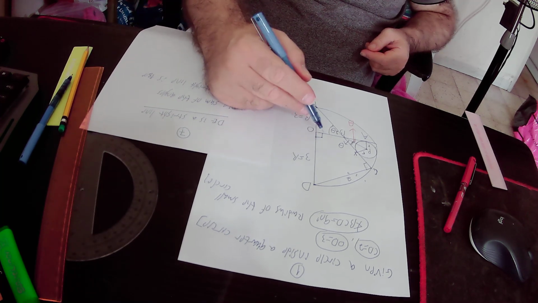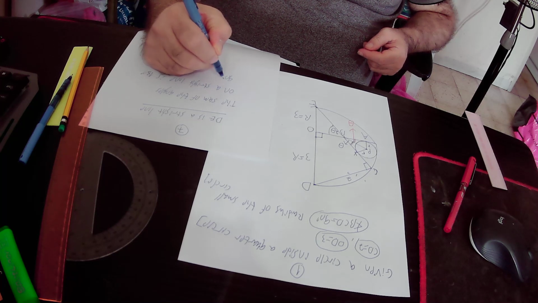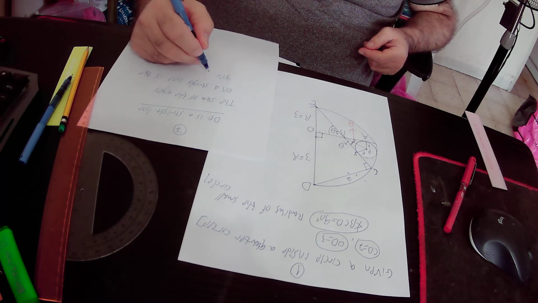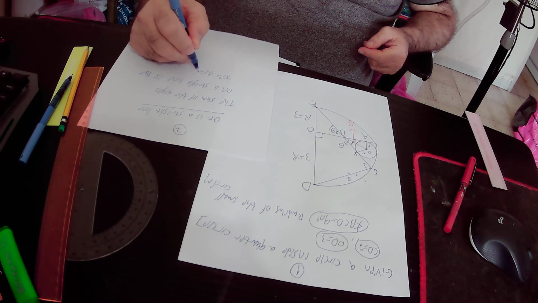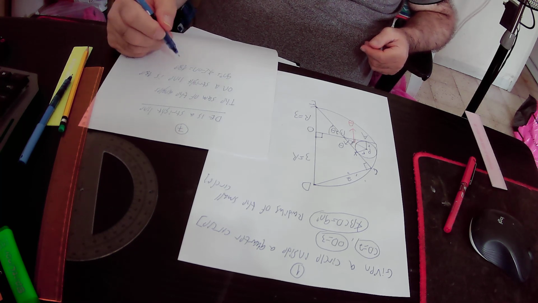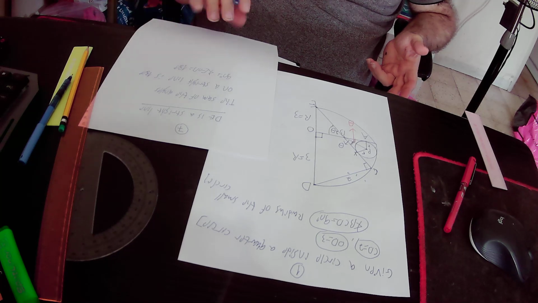And we know that this angle is a right angle, so we have 90 degrees plus the size of angle EOB must be equal to 180 degrees, according to the rule that the sum of the angles on a straight line is equal to 180 degrees.